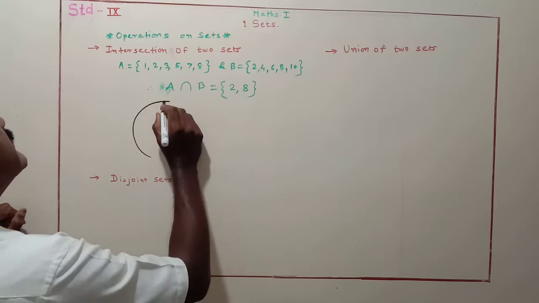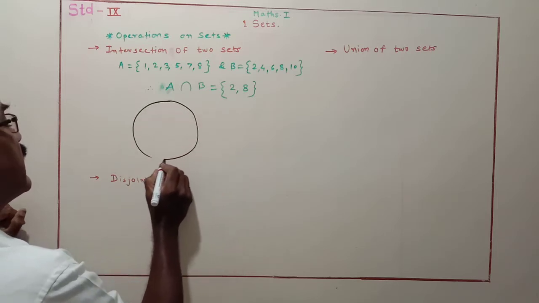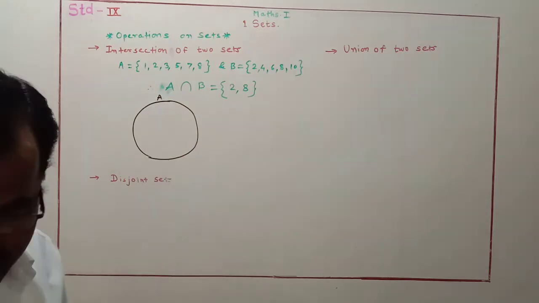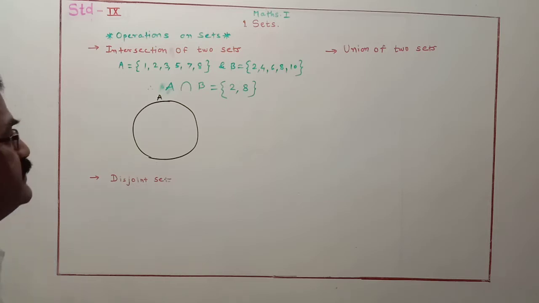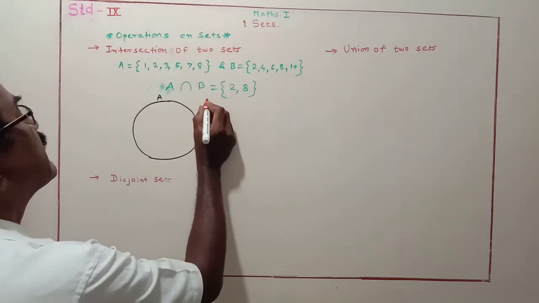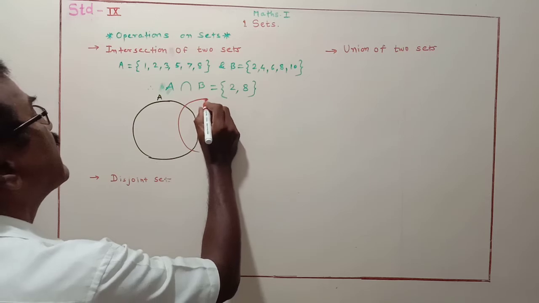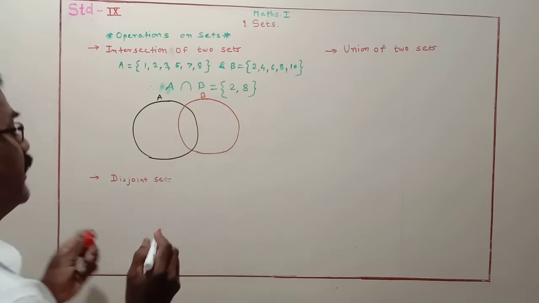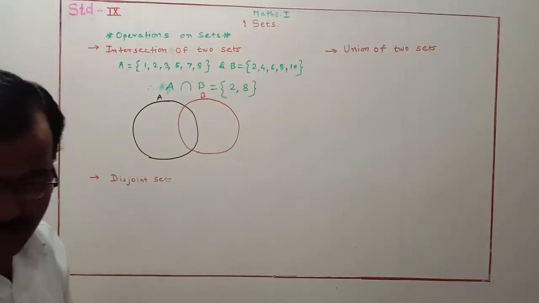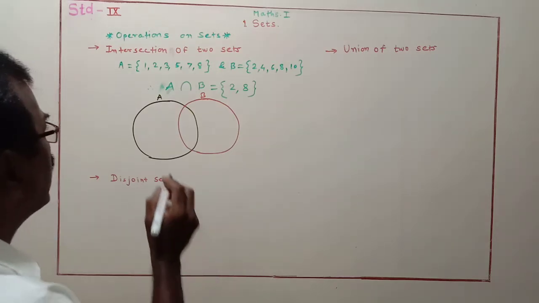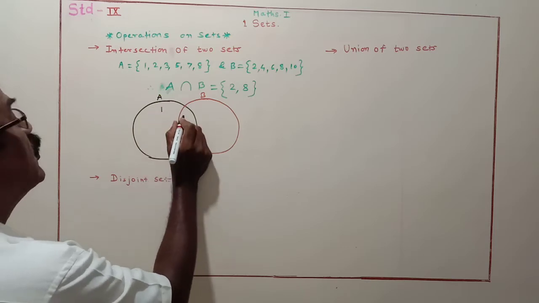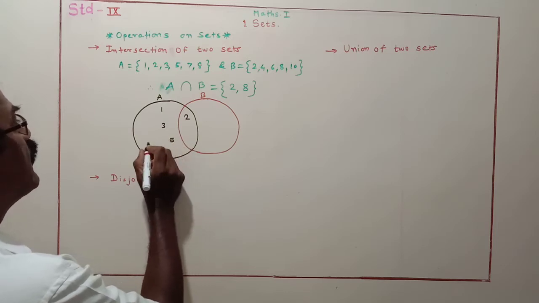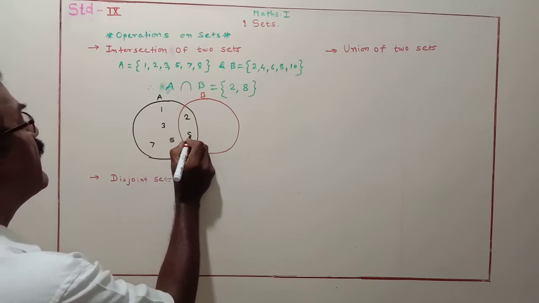Suppose this is set A and this is set B. All elements of A we can write: 1, 2, 3, 5, 7, 8.